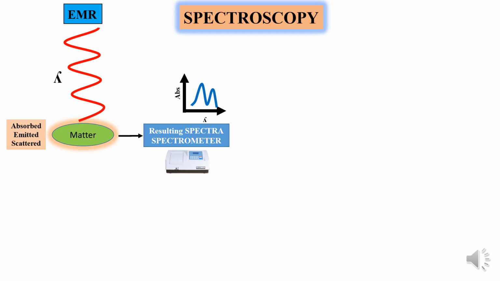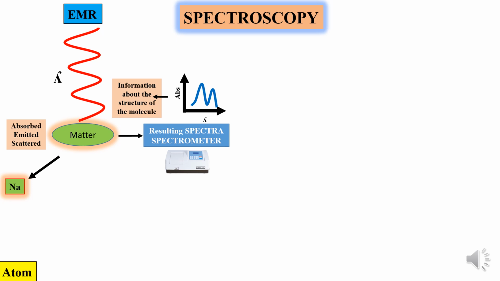The spectra obtained using this instrument is a plot of absorbance on the y-axis, that is the amount of radiation absorbed by the drug molecule, versus the wavelength on the x-axis, the wavelength used for the particular spectroscopic study. And what kind of information can you get from this spectra? You can get detailed information about the structure of the molecule from the absorption spectra.